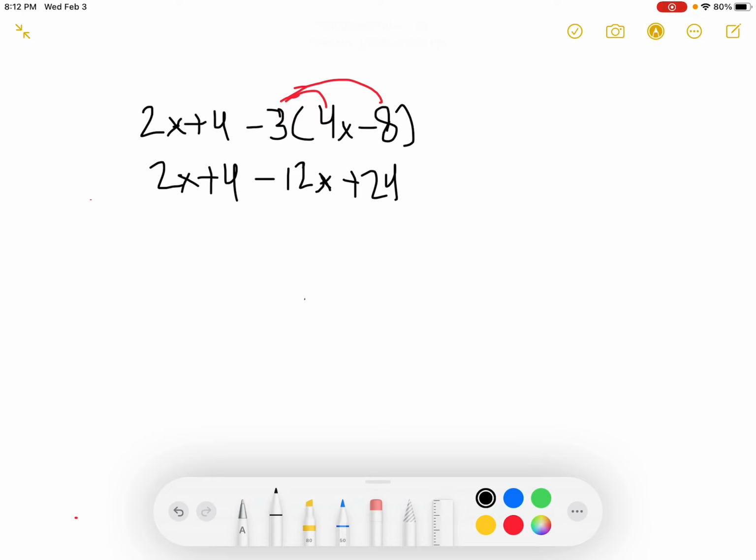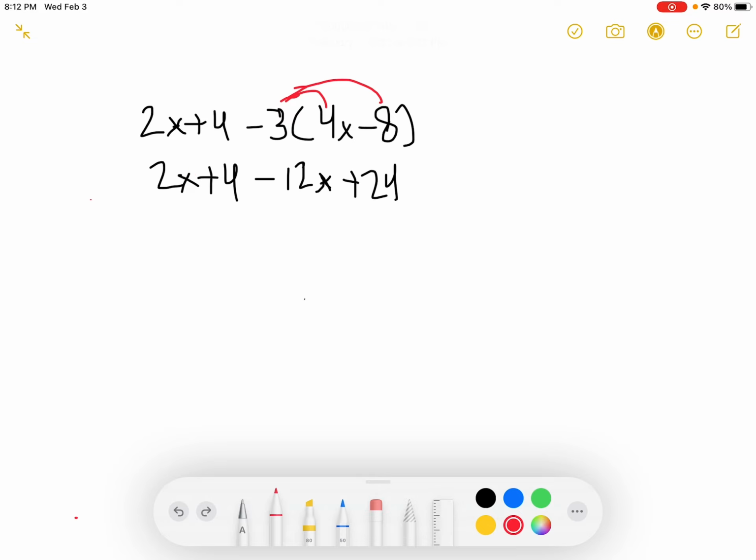Well, we have to combine like terms. The things that can be combined are numbers with no letters with them, for example 4 and positive 24. And we can also combine ones with letters that have the same exponent. If there's no exponent, it just means 1.